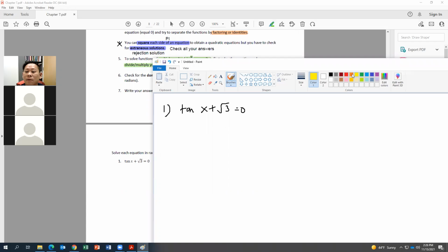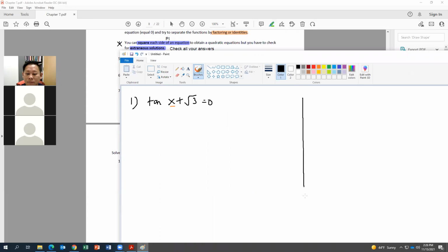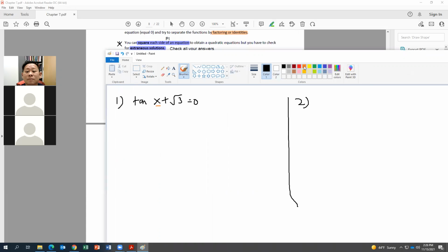So solving for x, anyone know how to get rid of? Which one should we get rid of first? Anyone? Solve for x. Gamal?